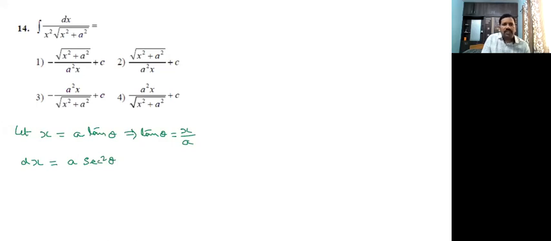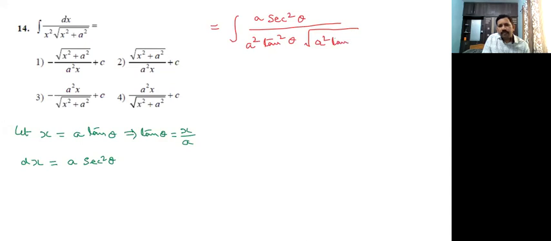Now substitute these values in the question. dx means a secant squared theta, and in the denominator in place of x substitute a tan theta. Here will come a squared tan squared theta into under root a squared tan squared theta plus a squared plus a squared.